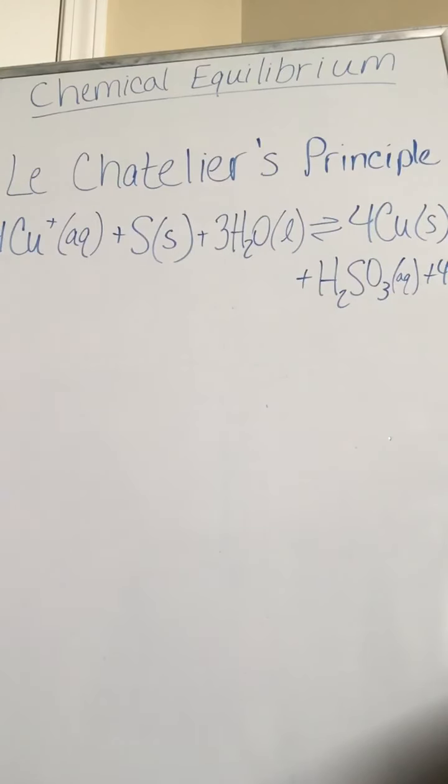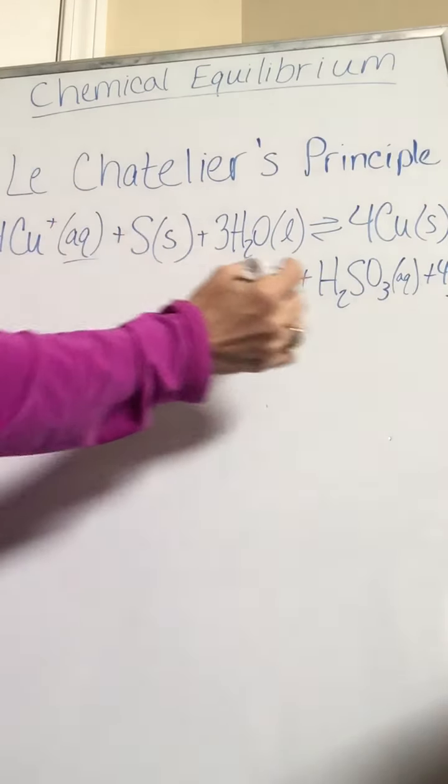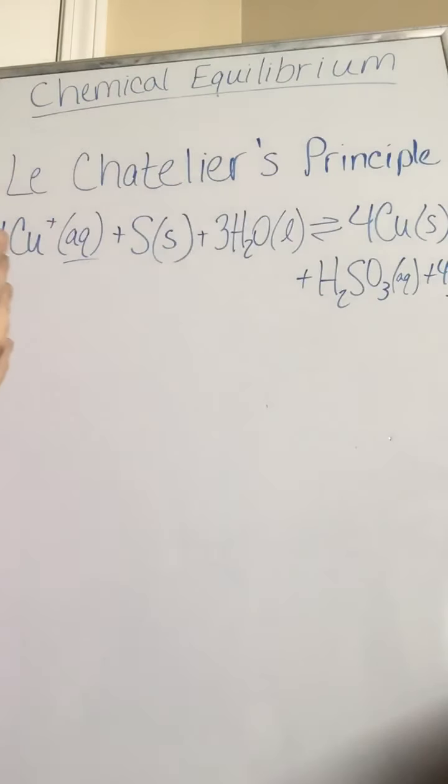So the question is, what will happen to the concentration of H+ aqueous if more Cu+ is added? Cu+ is aqueous, H+ is aqueous, so changes in concentration of those do affect the rate of reaction.